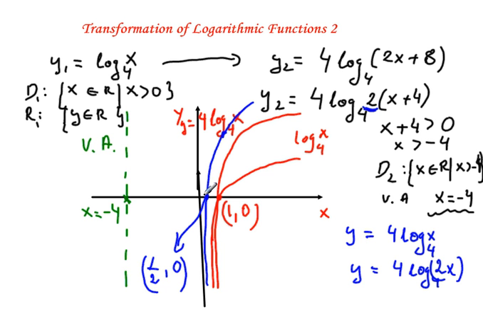Since the graph is shifted 4 units to the left, you expect your x-intercept to be located at -3.5. So this will be more or less the graph of the logarithmic function defined by this equation: 4 log to base 4 of 2 in brackets x plus 4.